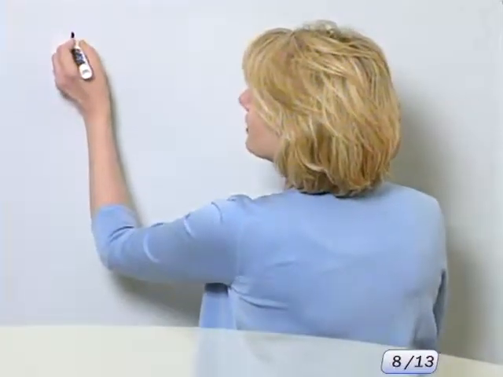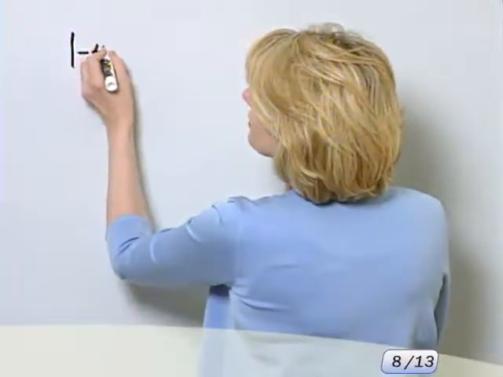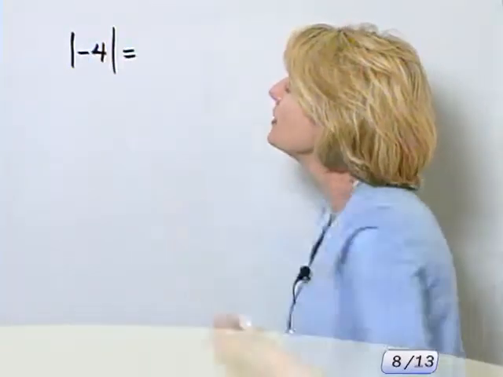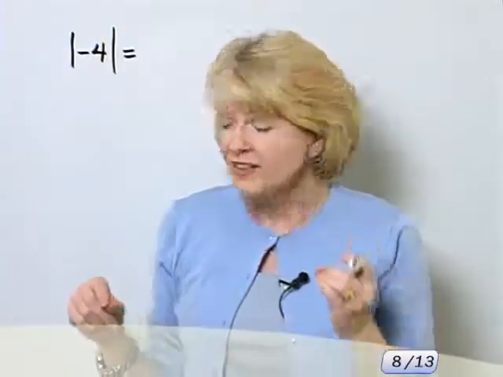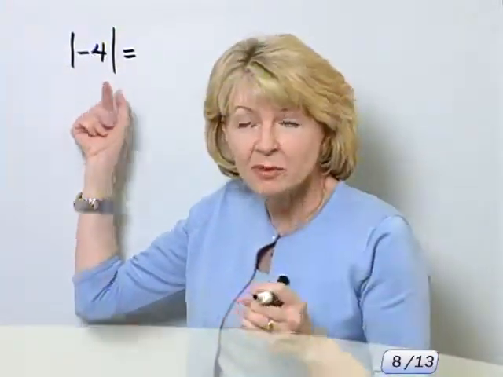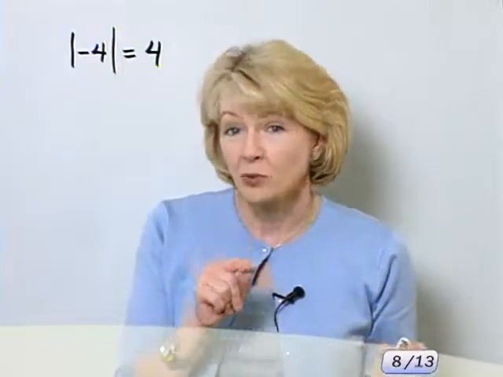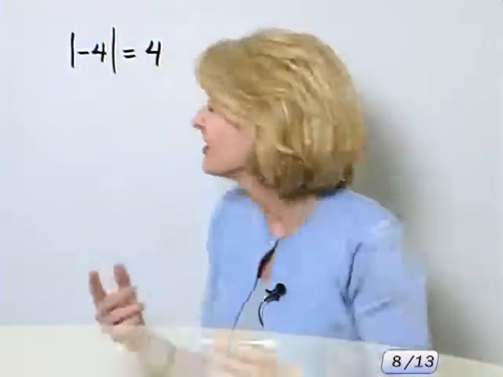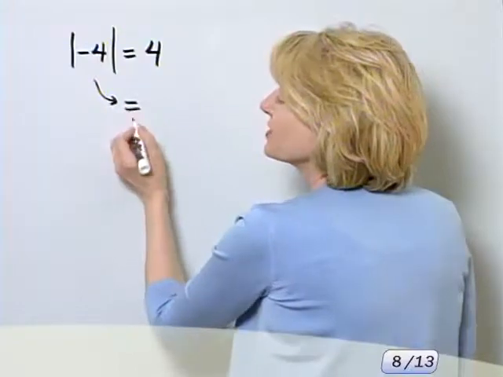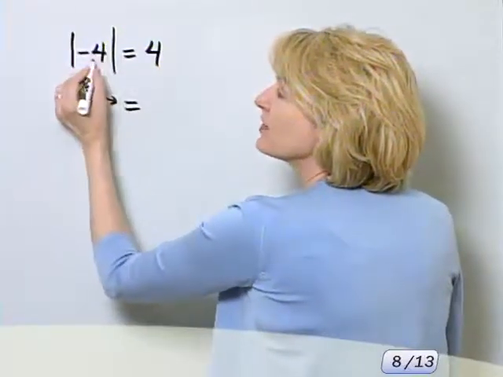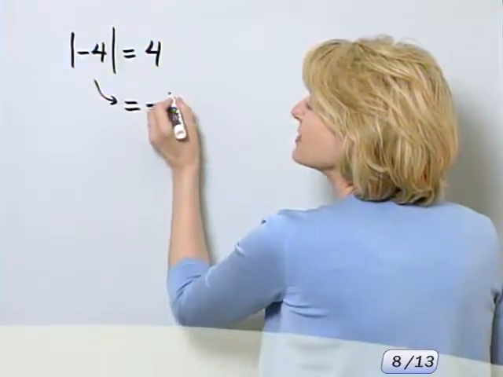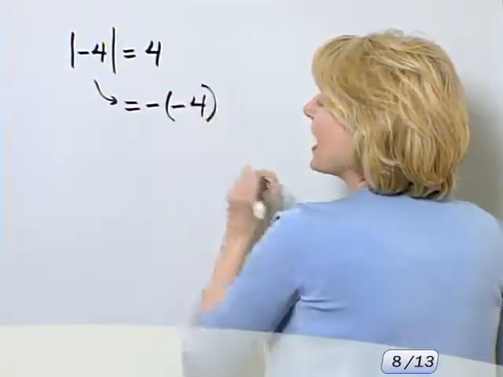Let's evaluate the absolute value of negative 4. Now, the absolute value of negative 4, this is a negative number. Think of it in two ways. What is negative 4's distance from 0 on the number line? Negative 4's distance from 0 on the number line is 4. Now, by the way, if we use the definition, it says the absolute value of a negative number is the opposite of that number.